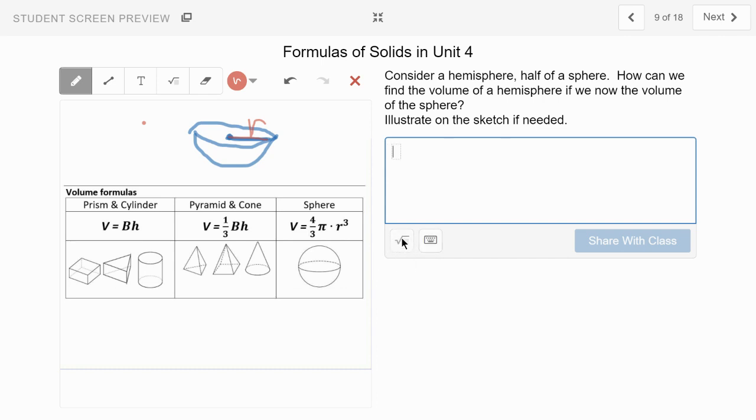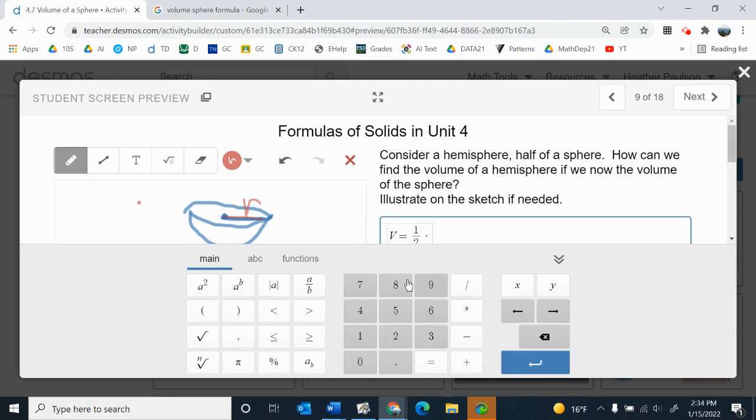Notice I'm typing math. Volume equals 1 divided by 2, because we're going to have to take half of the sphere, and that's times, shift 8, look for the asterisk, is multiplication. And you can also click on the keyboard when you're not in full screen.